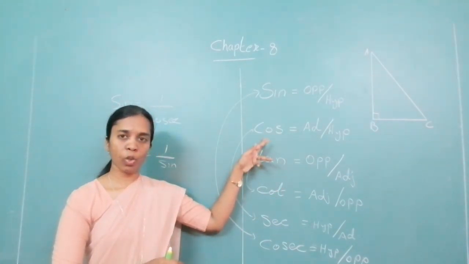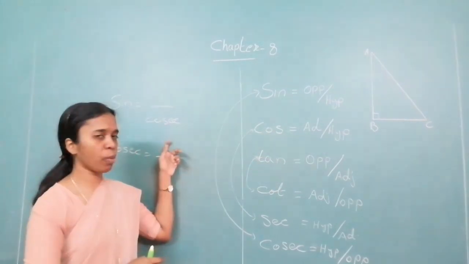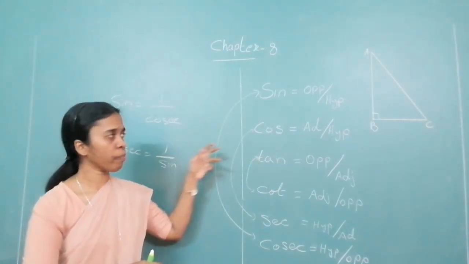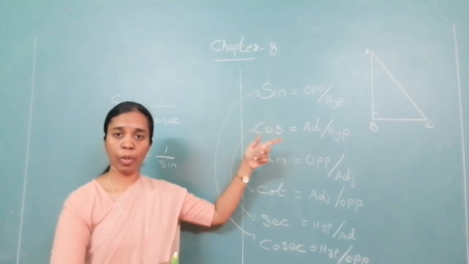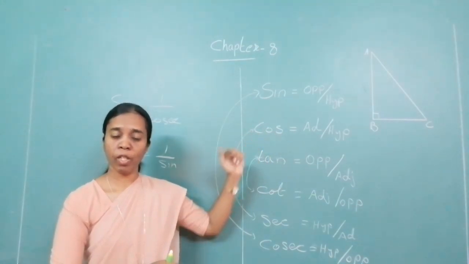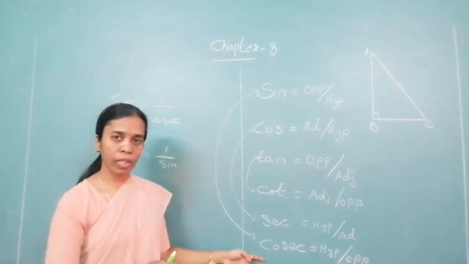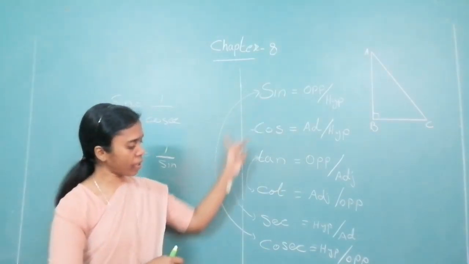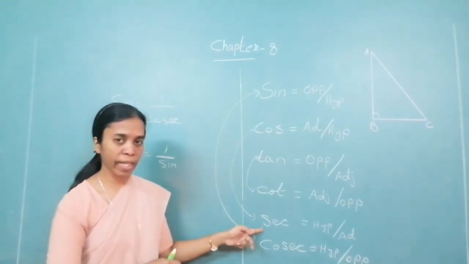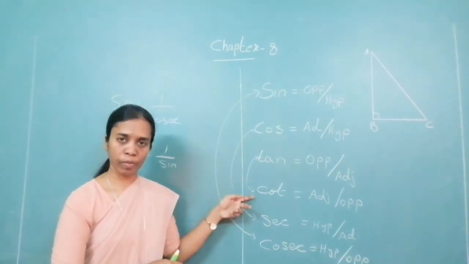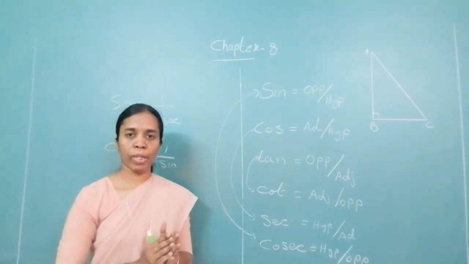When you are learning cos, also remember 1 upon sec. These formulas also you should remember. Sine is 1 upon cosec. Cosec is 1 upon sine. S is with C, C is with S. Tan and cot.